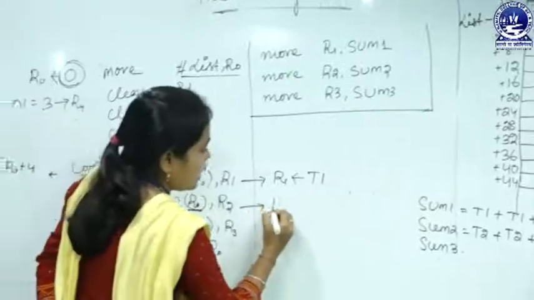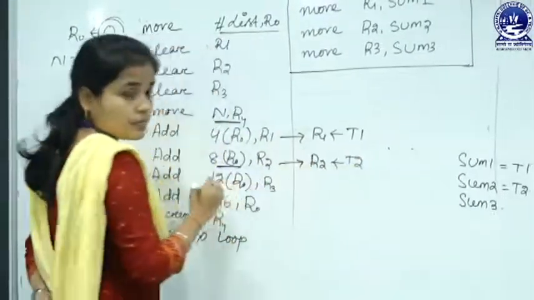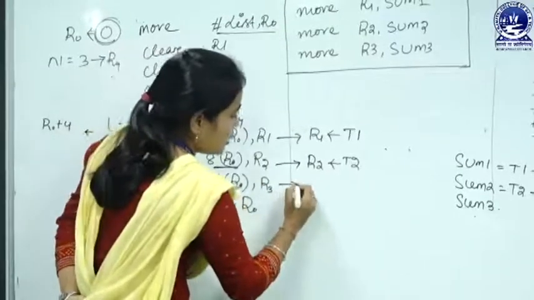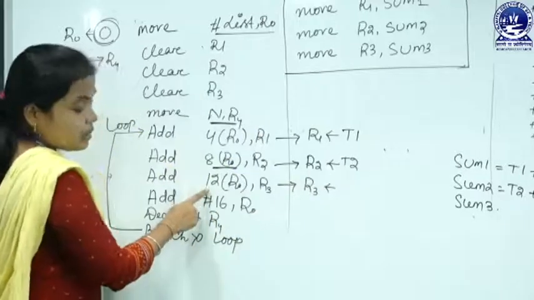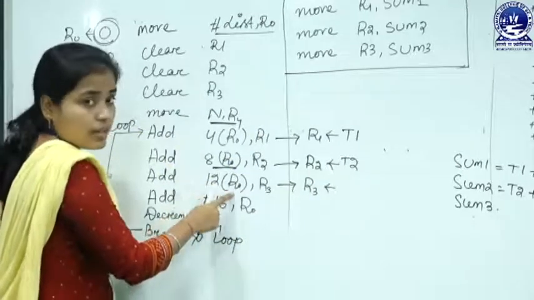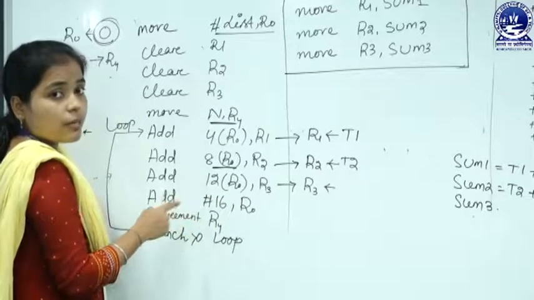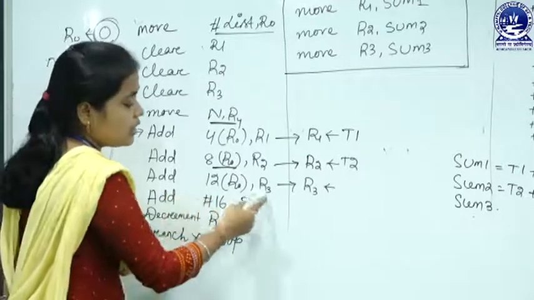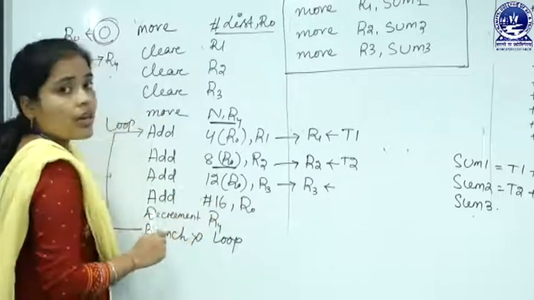So now R2 contains T2. And R3: 12 is added with the R0 memory location, then you get the memory location of the operand, which we add to the content of R3, then we store it in R3.